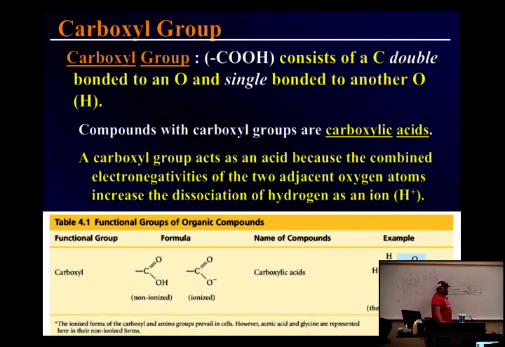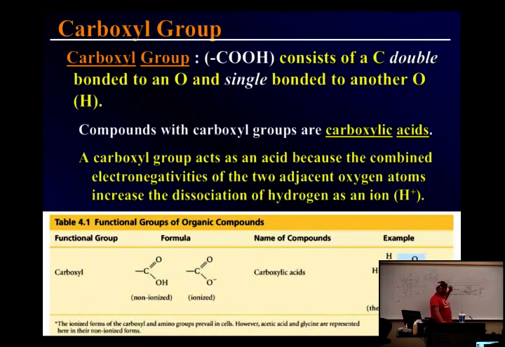So carboxyl groups are also called acids or carboxylic acids. Why is that? What's the definition of an acid? pH levels lower than 7. Okay, but what makes it lower than 7? What about the H pluses?